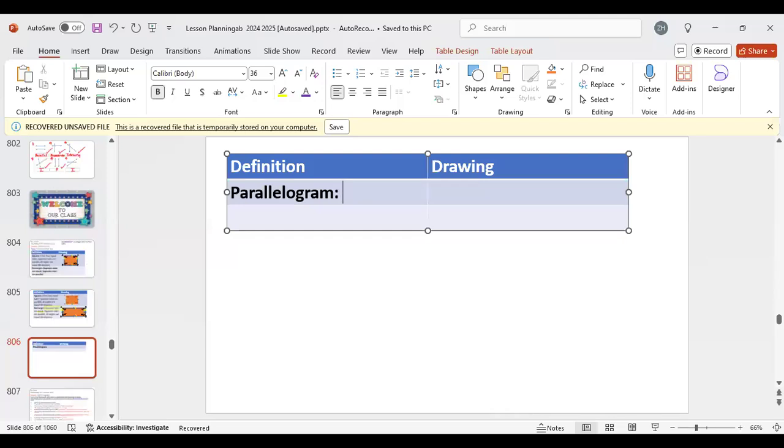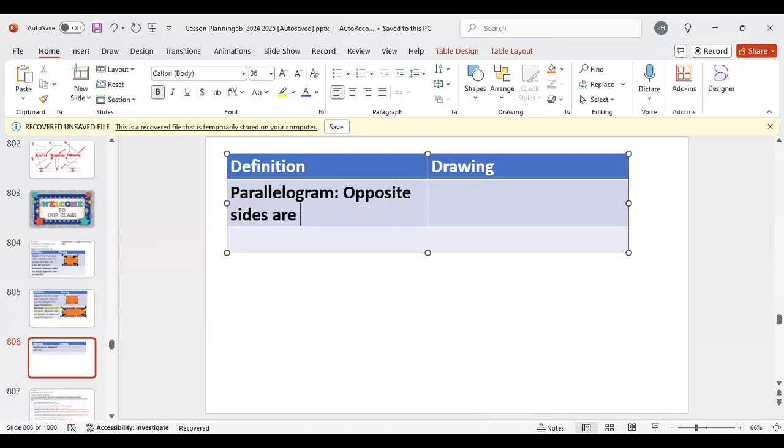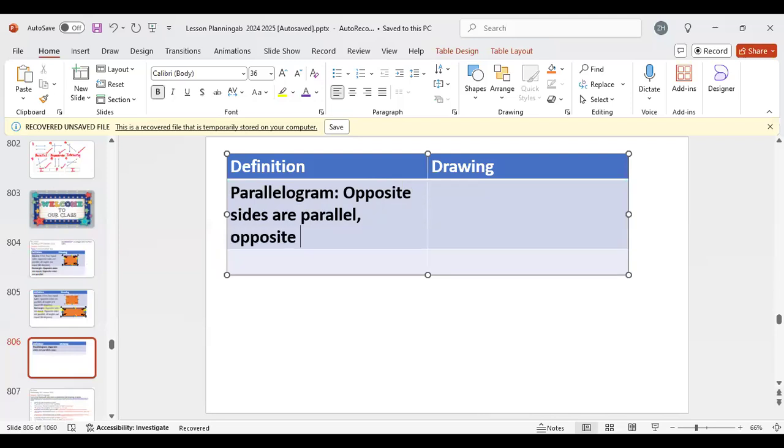Obviously we know there are four sides, but opposite sides are what? Opposite sides are parallel, and opposite sides are also equal. But the angles don't have to be the same, right?